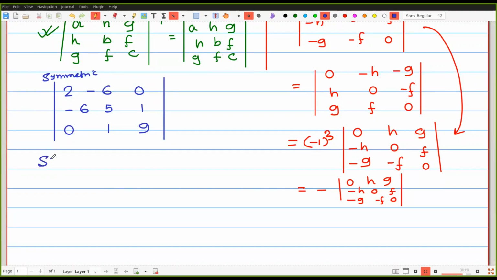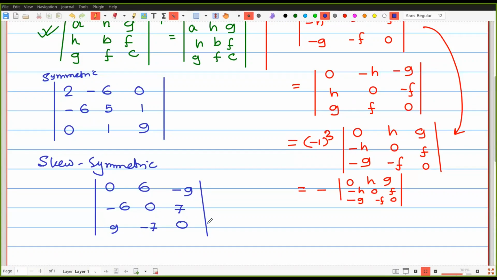And for the skew symmetric, an example is 0, 6, minus 9, minus 6, 0, 7, 9, minus 7, 0. That also gives us, after transpose, the minus A of the determinant. So that is the skew symmetry.